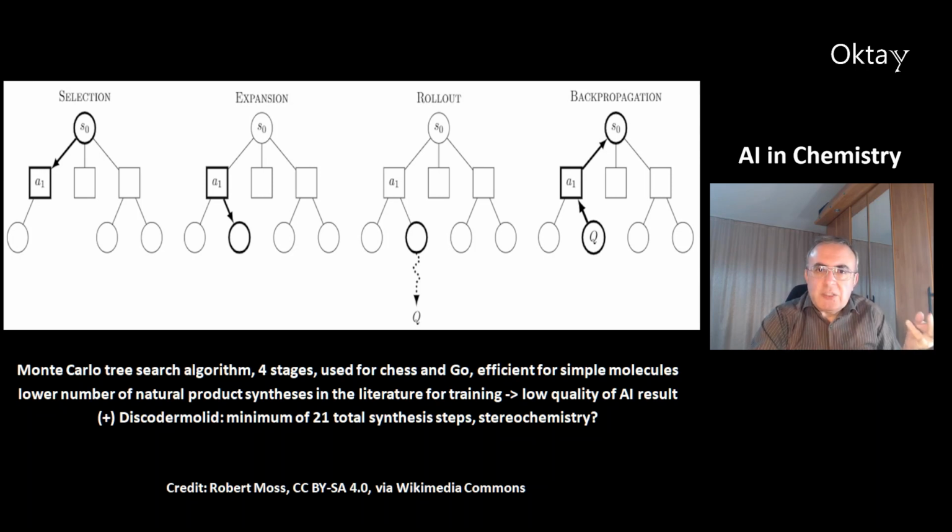However, for complex natural molecules, there's a lower number of natural product syntheses in the literature that you can use for training, and that lowers the quality of the AI results. To give you an example, for this compound discodermolide, there's a minimum of 21 total synthesis steps, and the AI also is not able to predict the correct stereochemistry yet.